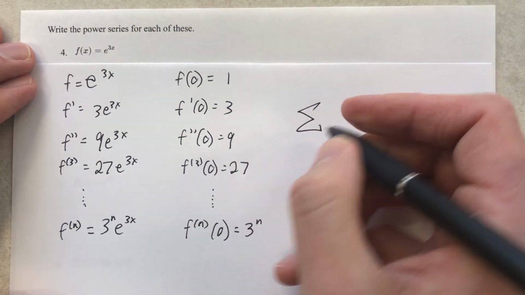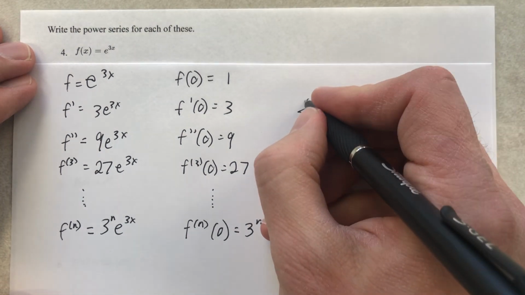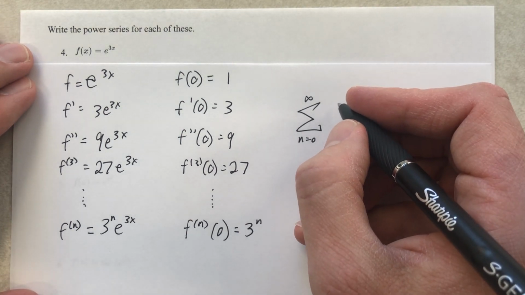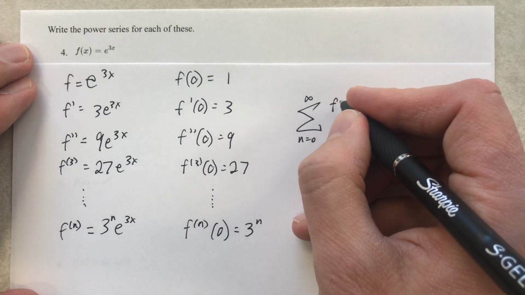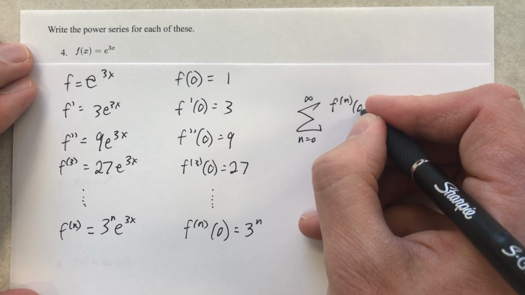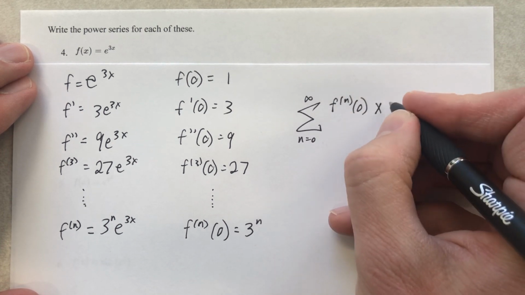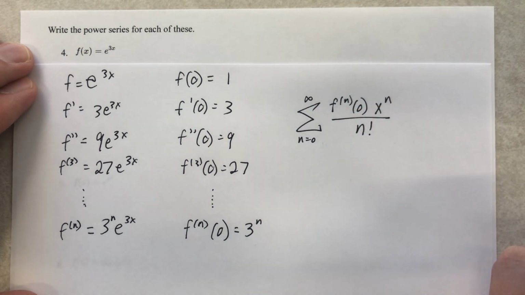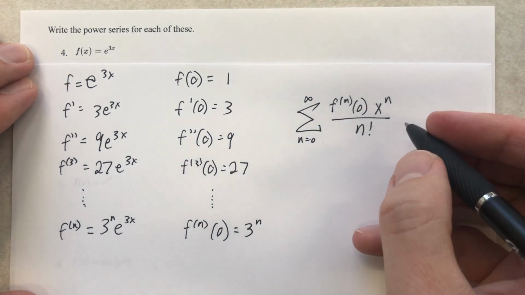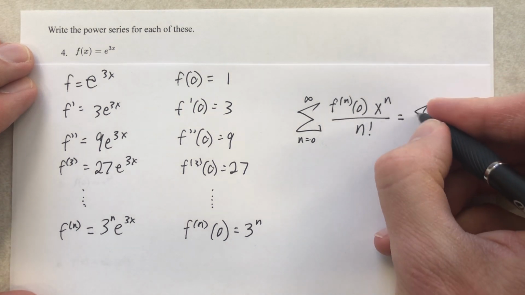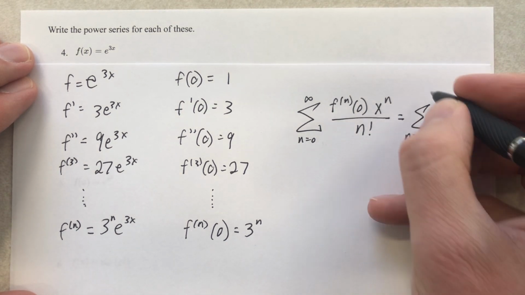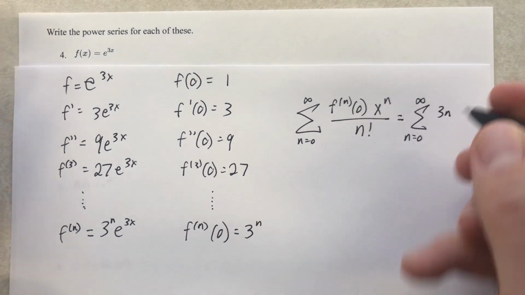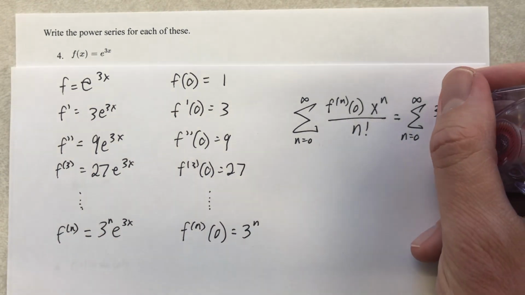The sum from n equals 0 to infinity of the nth derivative evaluated at 0, and then x minus 0 to the n over n factorial, right? That leaves me with n equals 0 to infinity. This is 3 to the n. Whoops, not 3n, that's 3 to the n.